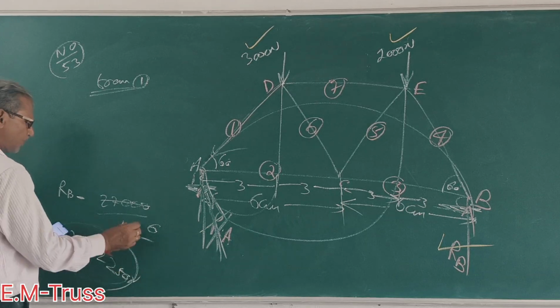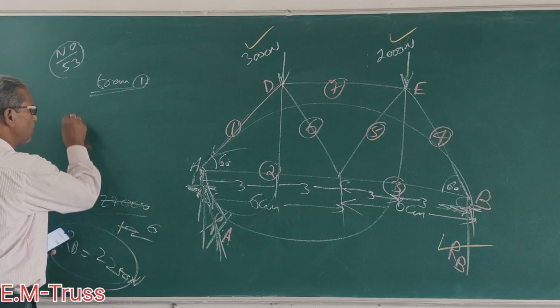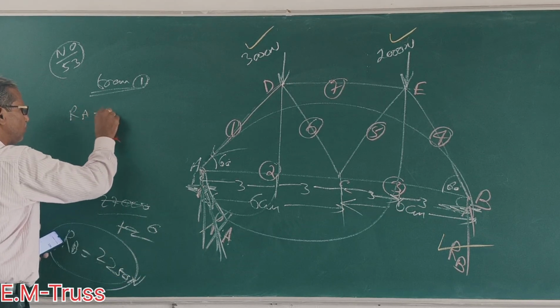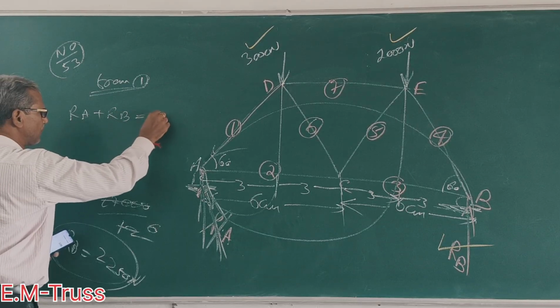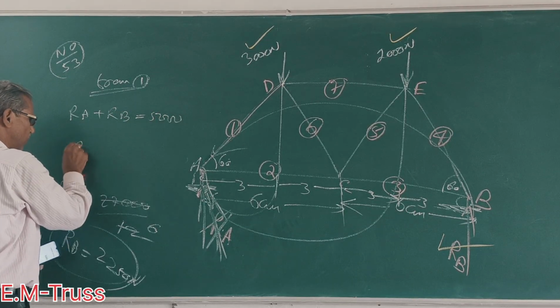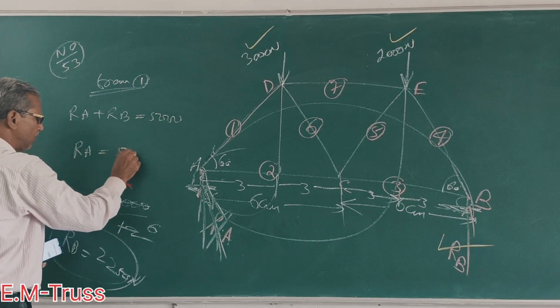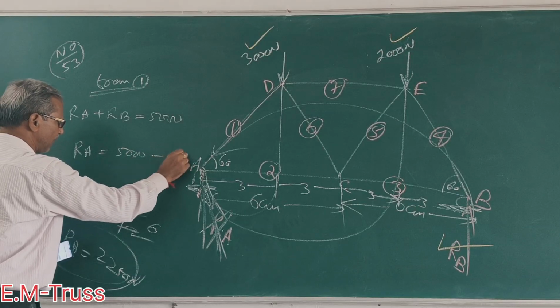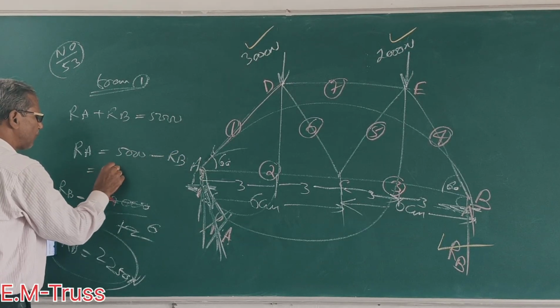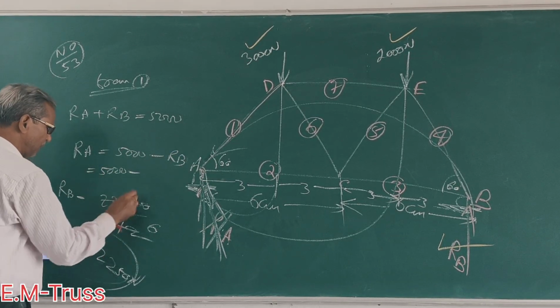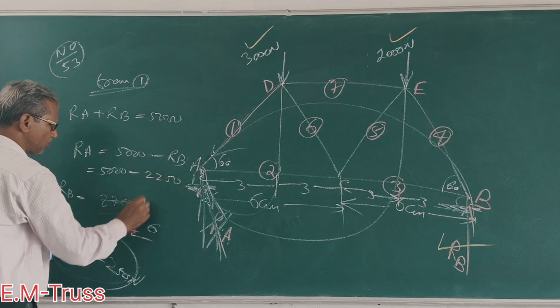From equation 1, RA plus RB is equal to 5000. RA is equal to 5000 minus RB. So 5000 minus 2250. Clear?